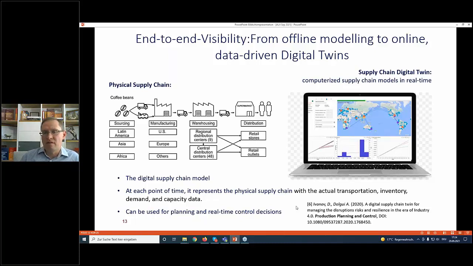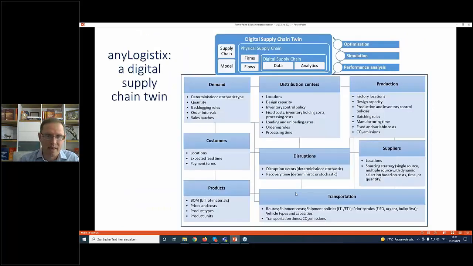It's a kind of computerized, digital supply chain model, which at each point of time, ideally, represents the physical supply chain with all the relevant data like transportation, inventory, demand, and capacity data. Such a tool, of course, is of high value for planning and real-time control decisions.